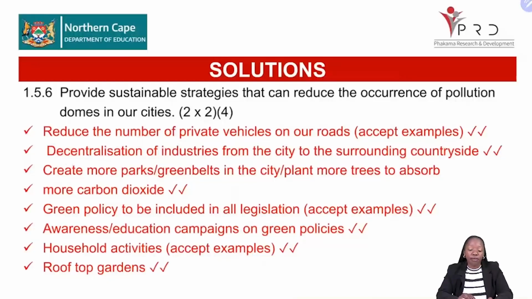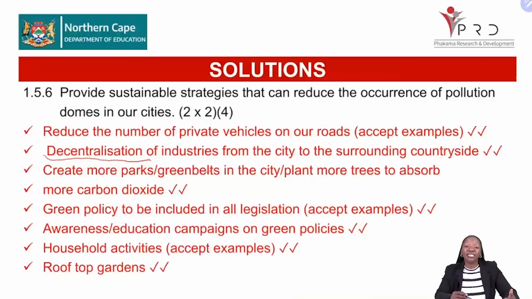Then the decentralization of industries. Remember, again, we said the smoke emission in the industries also causes the pollution dome because they pollute every day. So for decentralization, we take the very same industries, then we decentralize or we build them outside the cities or in those areas where they need development.